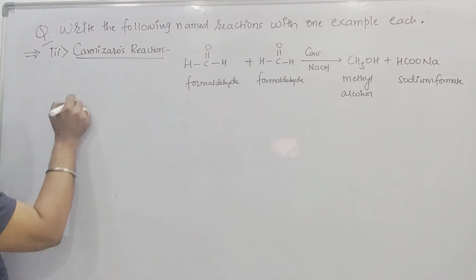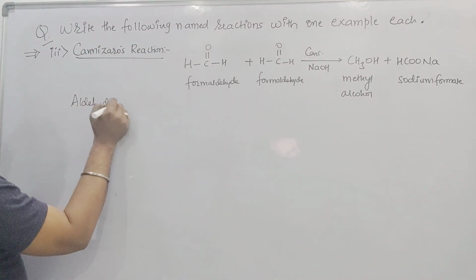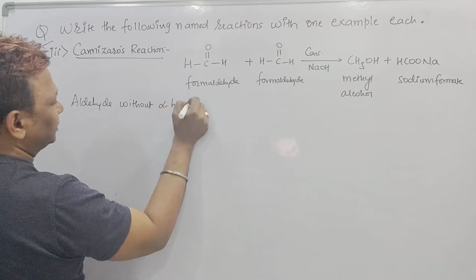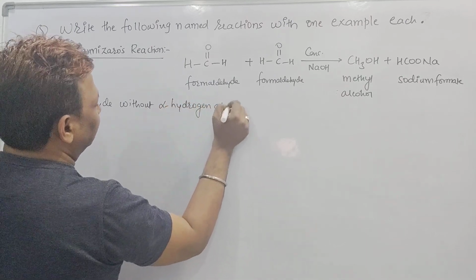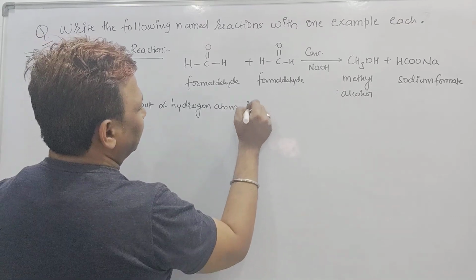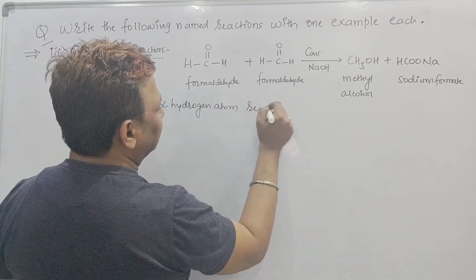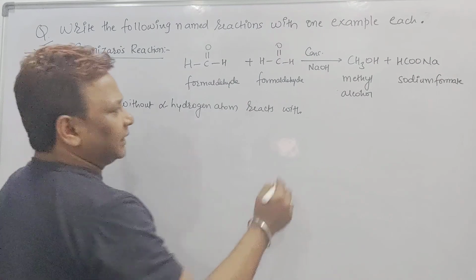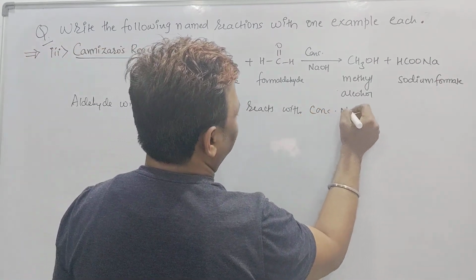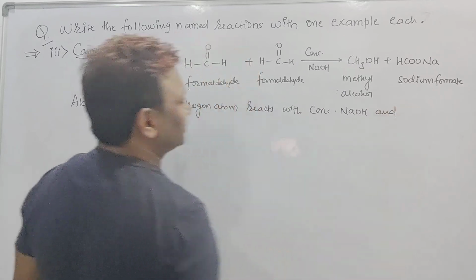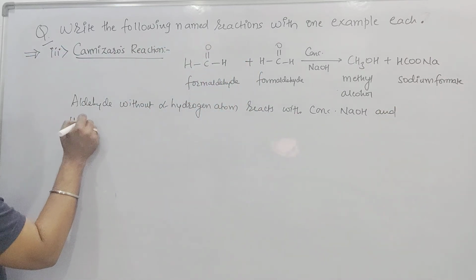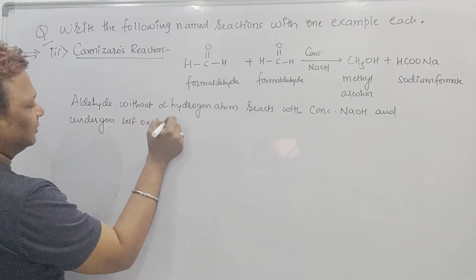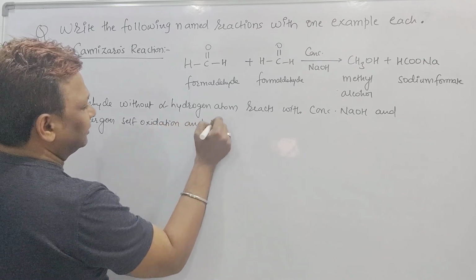Instead of writing that, I will give the simple statement. See beta, what is the statement? An aldehyde without alpha hydrogen atom, right, reacts with concentrated NaOH, which means it is formaldehyde, an aldehyde without alpha hydrogen atom, and undergoes self-oxidation and reduction.